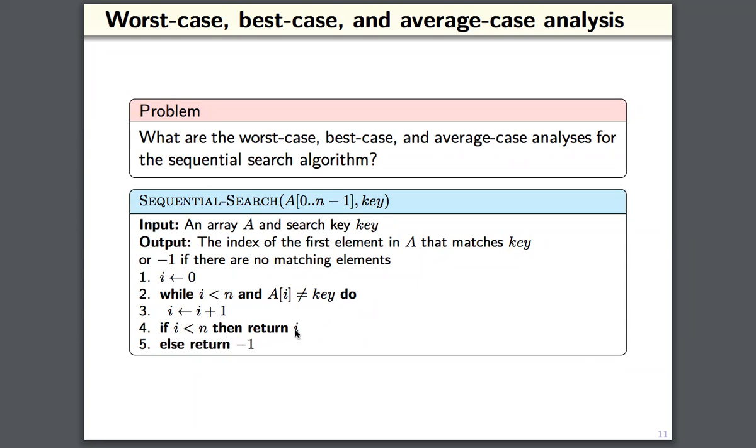If i is less than n, return that position, else return -1. -1 means that there is no value key in the array, or any other index means that there is a value. Okay. This is a simple, straightforward, linear searching algorithm.